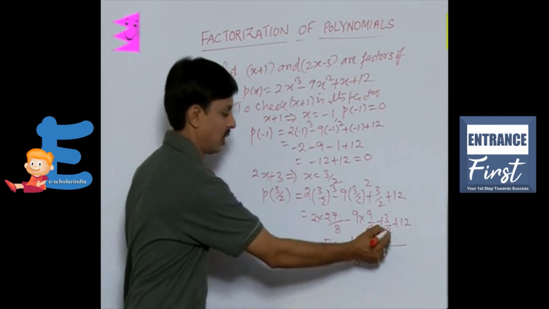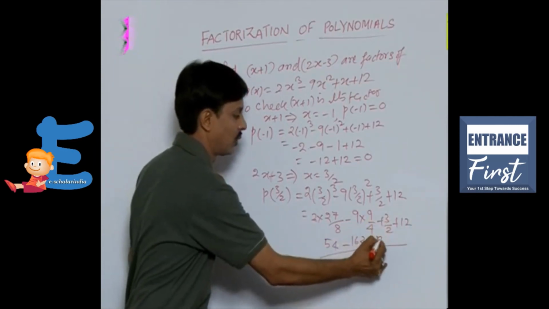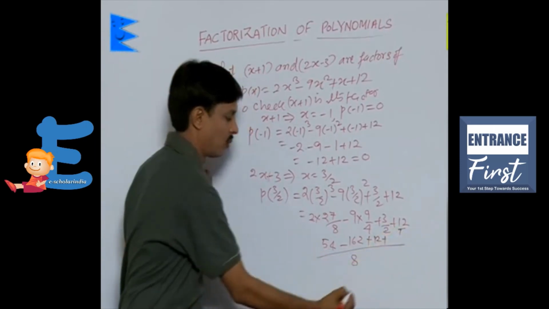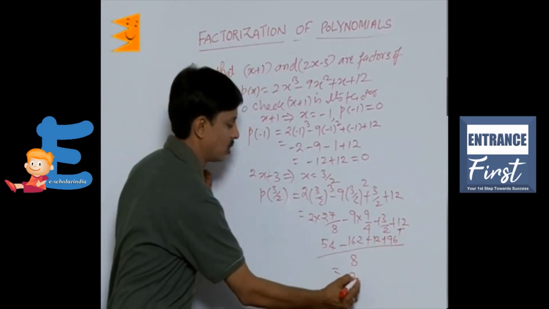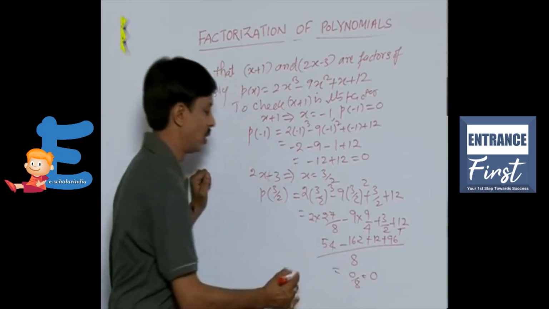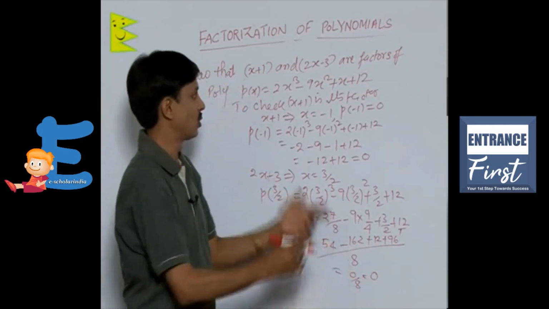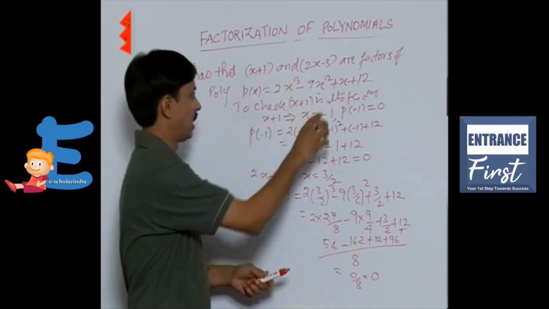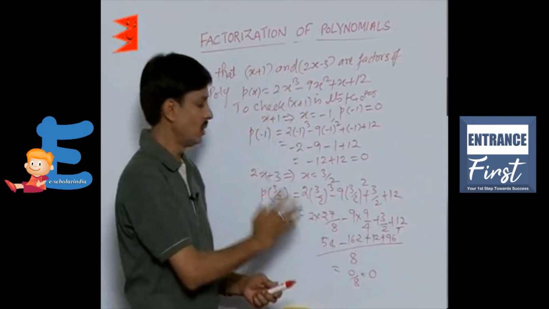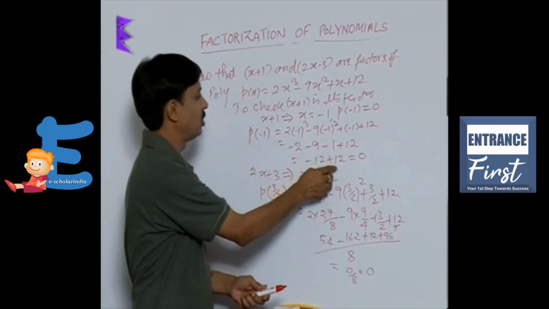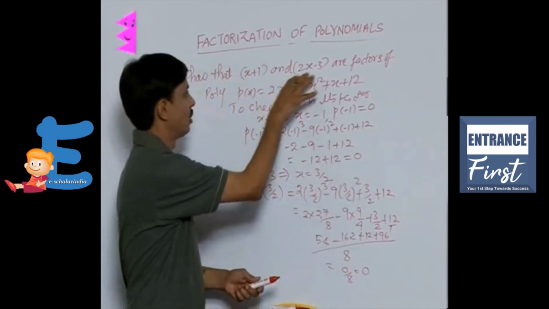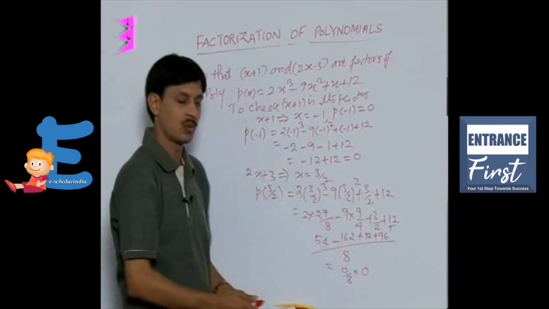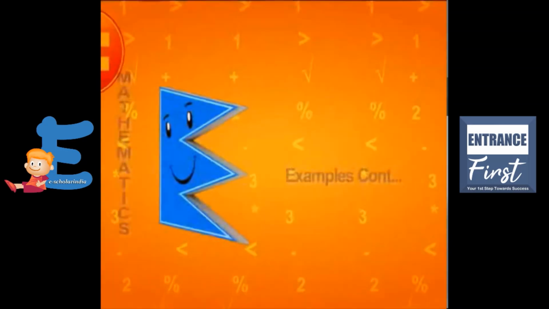Then plus, 4 threes are 12. And 12 upon 1 is 96. So this answer is coming 0 by 8, that is equal to 0, as p of 3 by 2 is 0. So I can say that 2x minus 3 is its factor. P of minus 1 is 0 says x plus 1 is a factor. P of 3 by 2 is 0 says 2x minus 3 is a factor. Hence this question is verified.